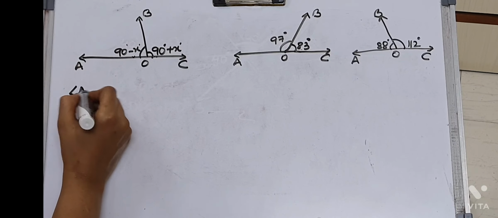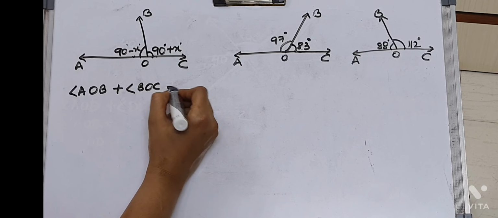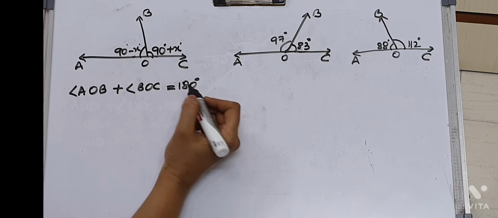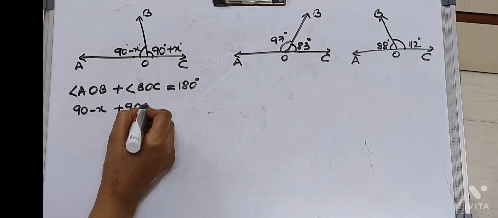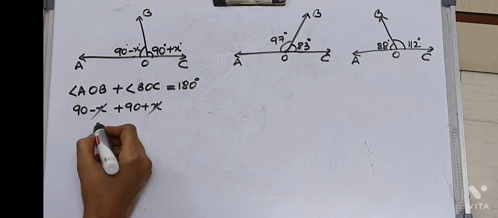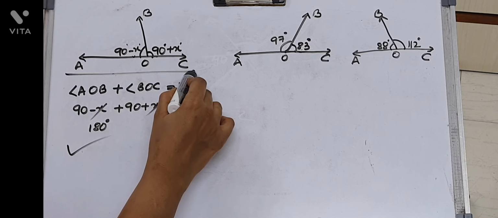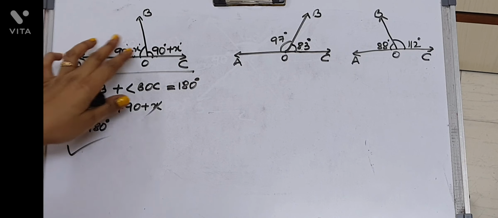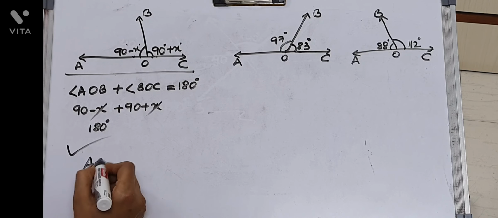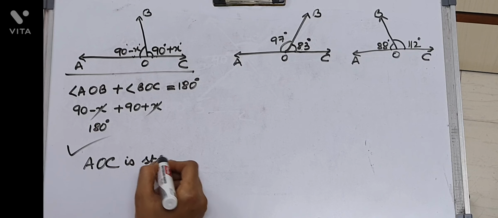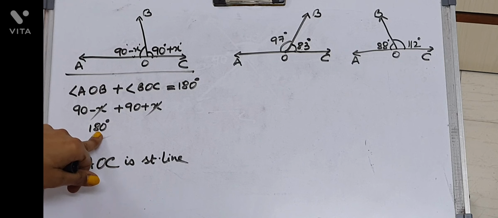Angle AOB plus angle BOC should be 180 degrees. So this is 90 minus x plus 90 plus x. The x and x cancel, so it is 180 degrees. So this figure shows that these are a pair of adjacent angles. That is, AOC is a straight line, because the angles formed on it add up to 180 degrees.